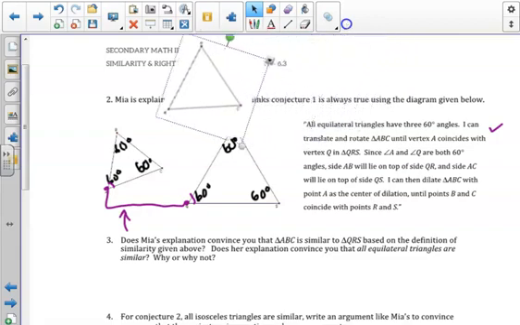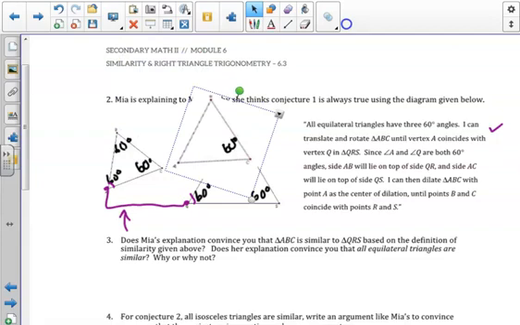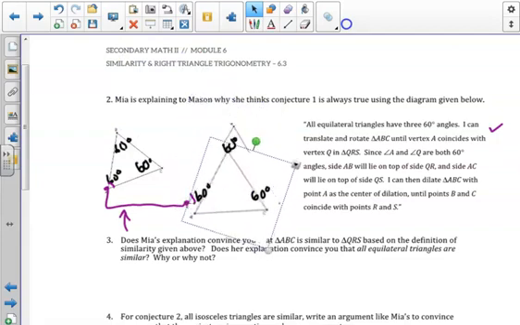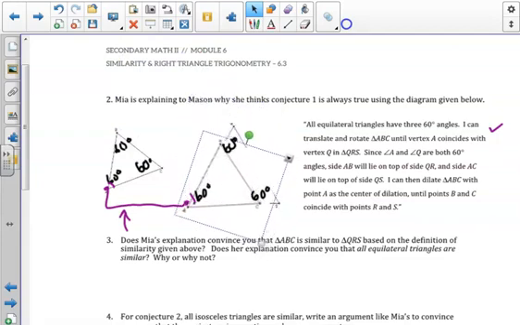So what I'm going to do is I have this initial triangle over here, and so if I coincide A with Q and show you what that might look like, it will look something like this.